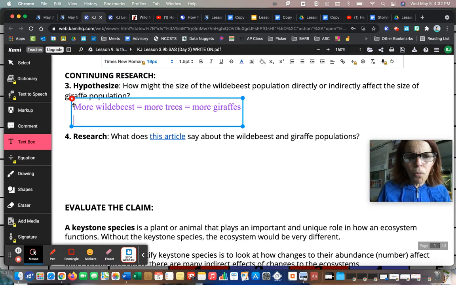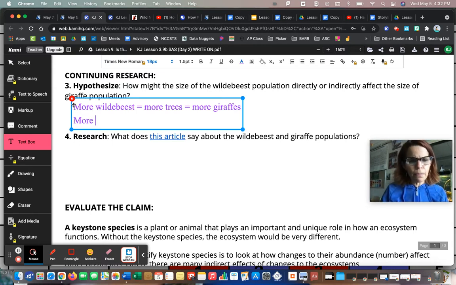So how are the wildebeest impacting the predators? This is a guess. If there's more wildebeest, what do you think is easier to kill from a lion's perspective? A wildebeest or a giraffe that's probably 3, 4, 5 times its size? I don't know numbers, I just made those numbers up, but way bigger.